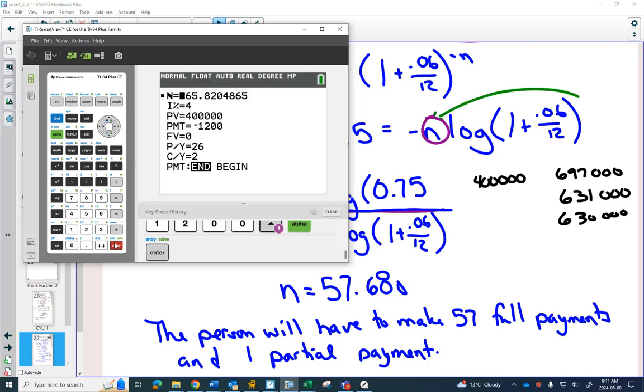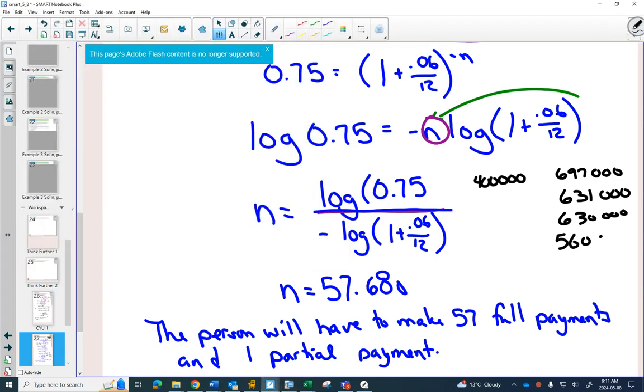That's taking off a number of years. And if we see how much this house is costing us now that we decided just to put a little bit extra away, we've now knocked that down to $560,000. So originally, we were paying $700,000.